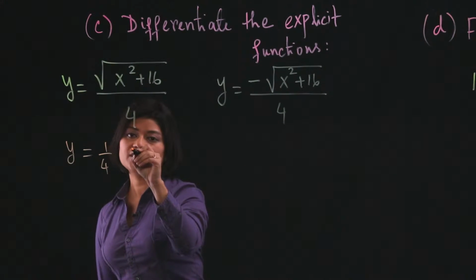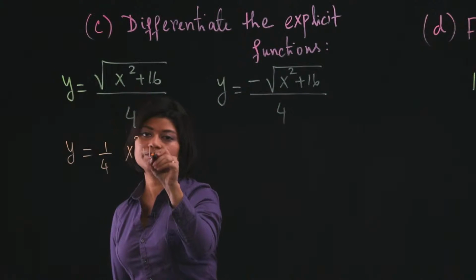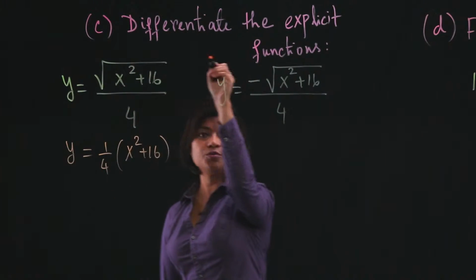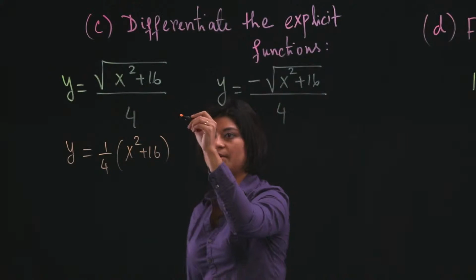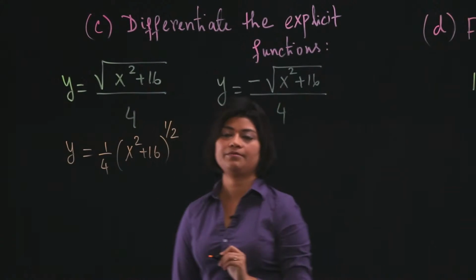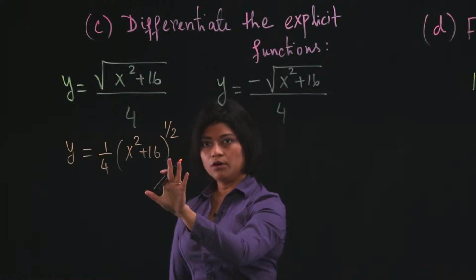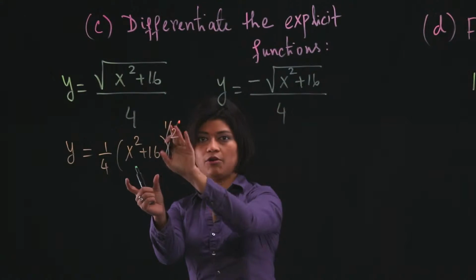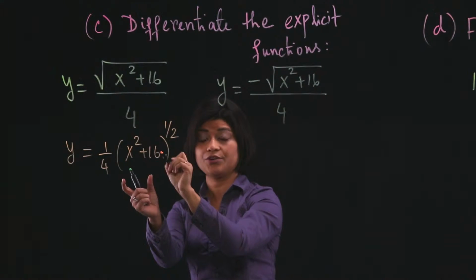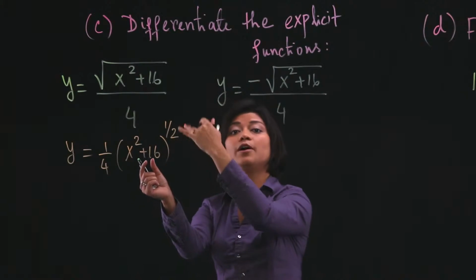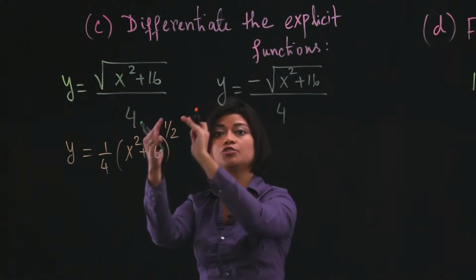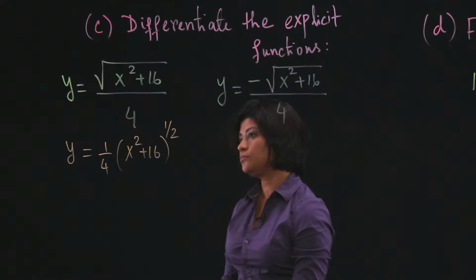So we have the expression x squared plus 16, and then a square root means the whole expression will have a power of 1/2. So in this form, we know that we have to use a power rule here and then also a chain rule, because this is not just x to the power 1/2, it's an expression to the power 1/2.